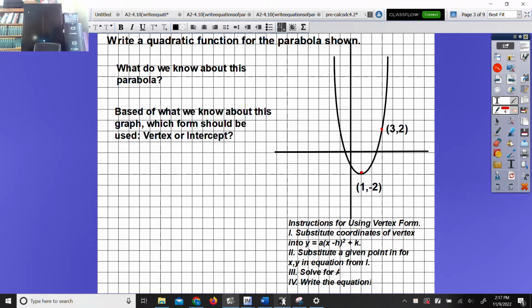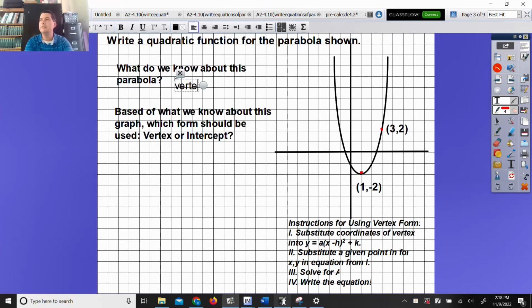All right, here's our first example. Write a quadratic function for the parabola shown. What do you know about this quadratic, or this parabola? There is no absolute value. It is not a v. Well, the line of symmetry is at 1. Okay, that would be useful if I needed it. The vertex is known.